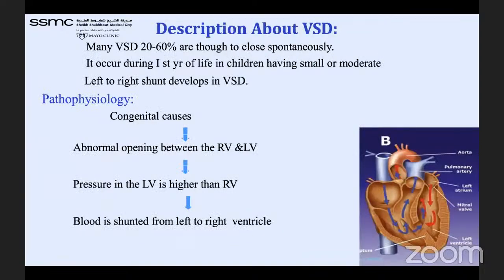So what happens if we have VSD in our babies? Most VSDs close by themselves, that's good, by 1 year of life. A left to right shunt can develop in the VSD. It is a congenital cause, an abnormal opening, as you can see here. Pressure in the left ventricle is higher than the right ventricle, so blood is shunted from the left to the right.